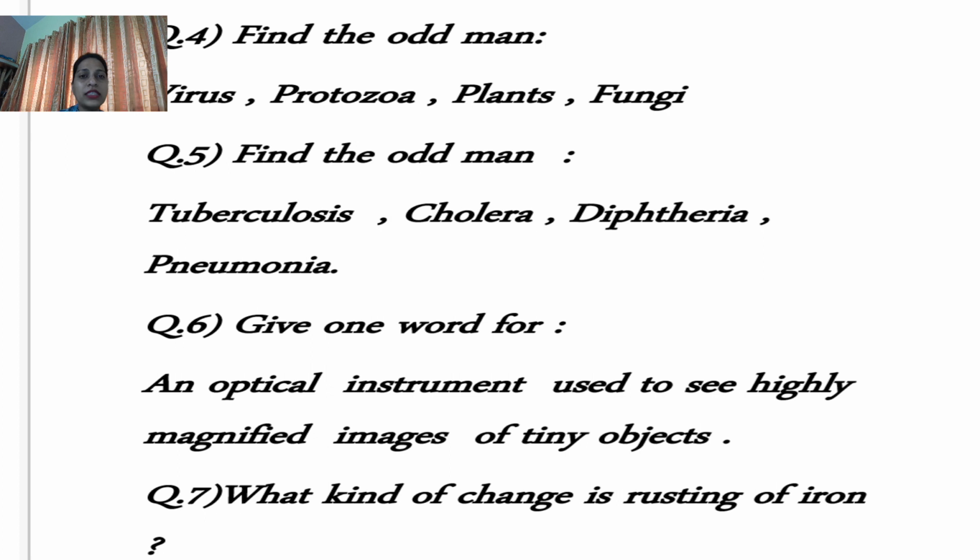The fifth question is also the odd man. Find the odd man. Tuberculosis, cholera. See children, the spelling is on the screen.